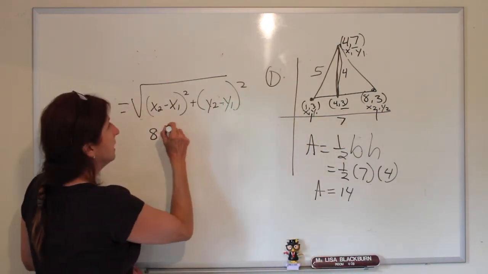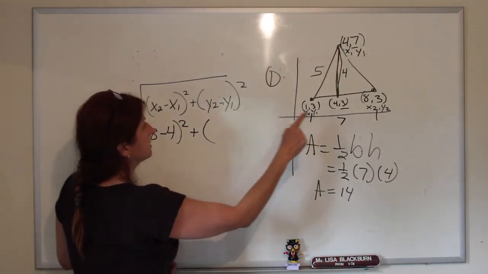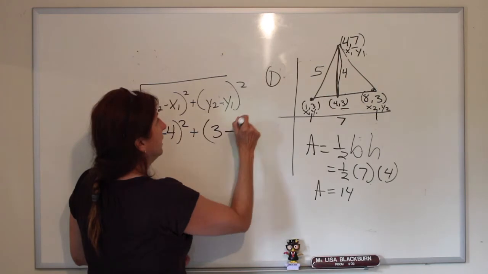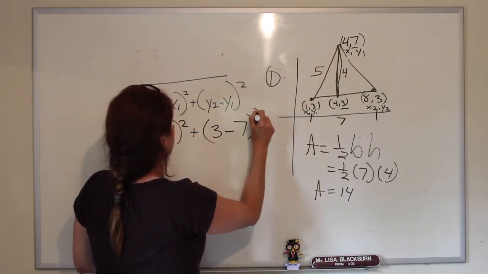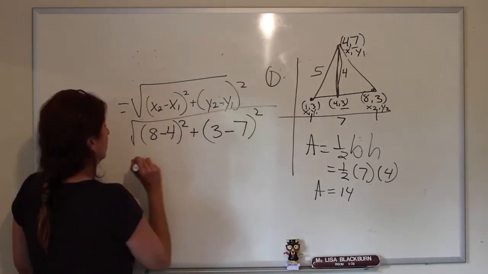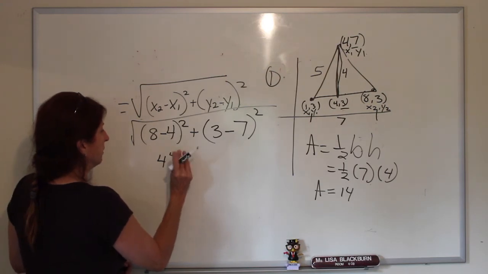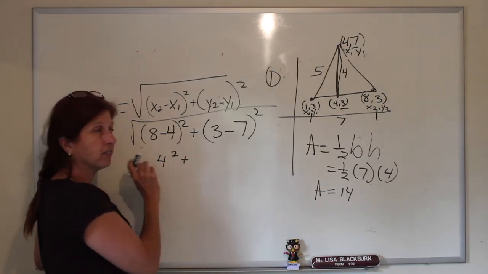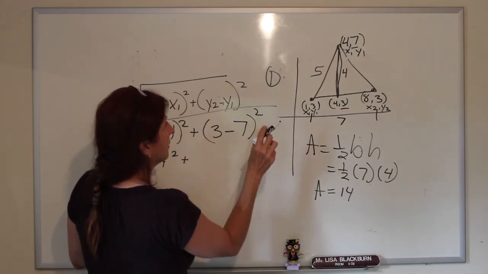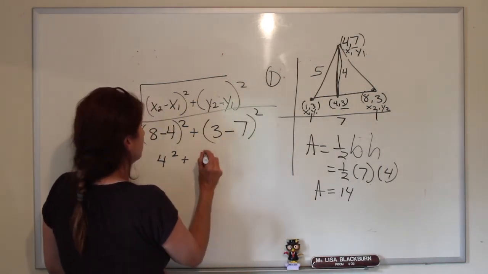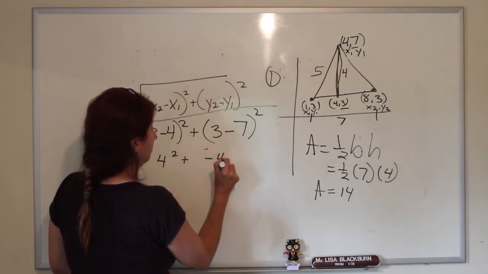x2 is 8, minus x1 is 4, squared, plus y2 is 3, minus y1 is, y2 is 7 squared, square rooted. So 8 minus 4 is 4 squared. And 3, those are the 2s, yeah. 3 minus 7 is negative 4 squared.